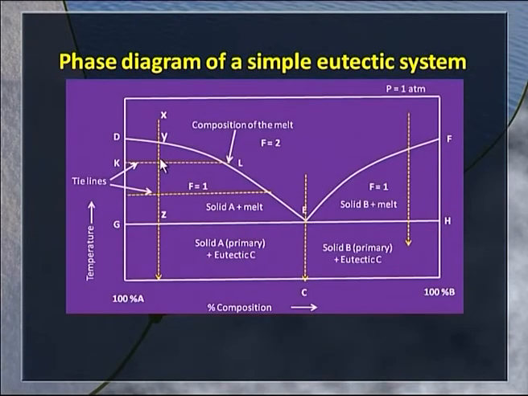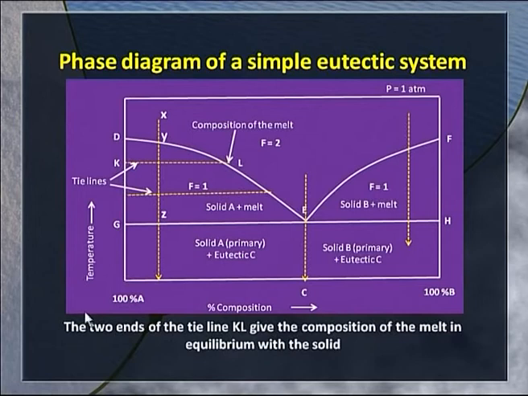For understanding that, we must remember that there are horizontal lines which we call the tie line. What is a tie line? The two ends of the tie line are useful to us. They give us the composition of the melt in equilibrium with the solid.